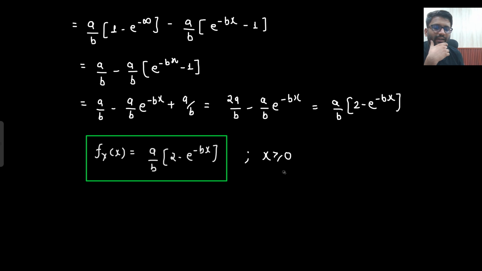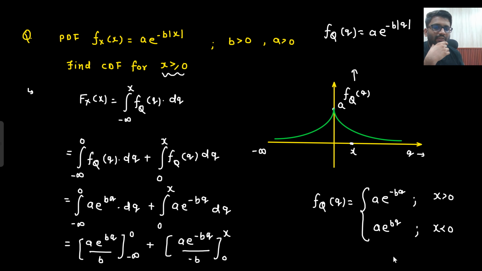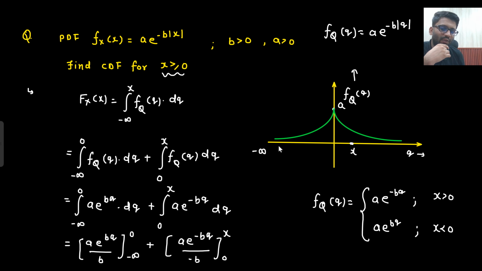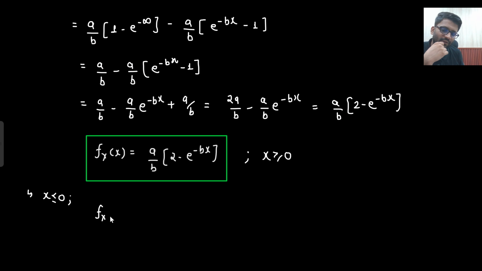This is the answer that you are getting for x greater than equals to 0, because this is what is asked in the question. But what if in the question they have mentioned x is less than 0? For x less than 0, what answer will you get? For x less than 0, you will integrate from minus infinity to x till this point. Are you able to understand this point? Basically, sorry, what you need to find, really sorry guys, this was your CDF, right?